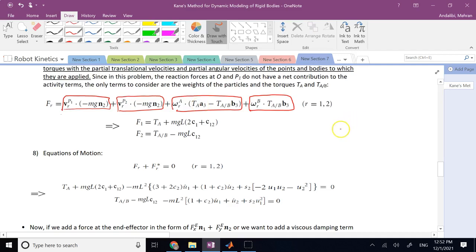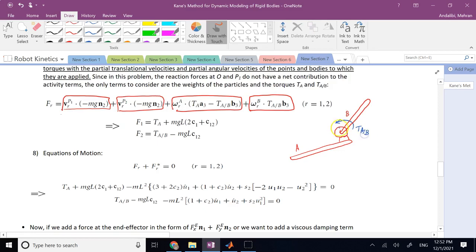The reason is when you have this rigid body A, it has this motor on it, and this motor is turning rigid body B. So the torque that you're applying to block B, object B, you call it TAB.